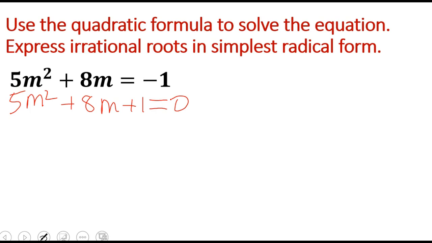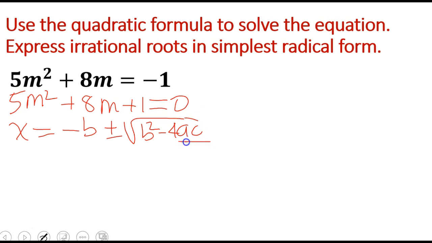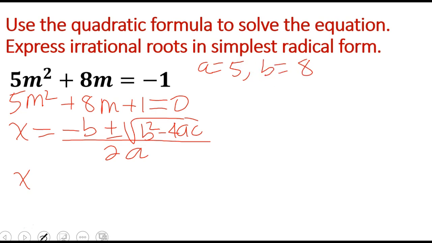So now we have x equals negative b plus or minus square root of b squared minus 4ac all over 2a. Okay, and what's our a? Our a here is 5. Our b is 8. And our c is 1.